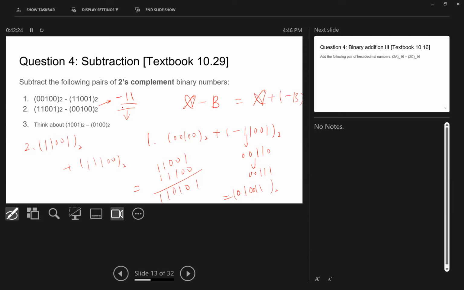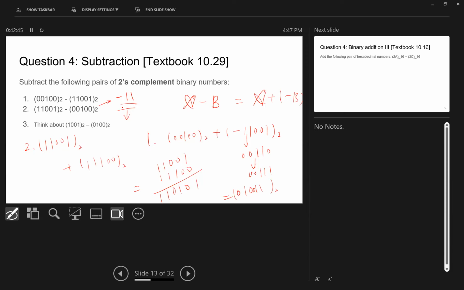Right? Because what we do is just flip the bits. And since we just flip 1 to 0, and 0 just means that we don't have this component in our decimal notation, this 1 here does not affect our result, right?